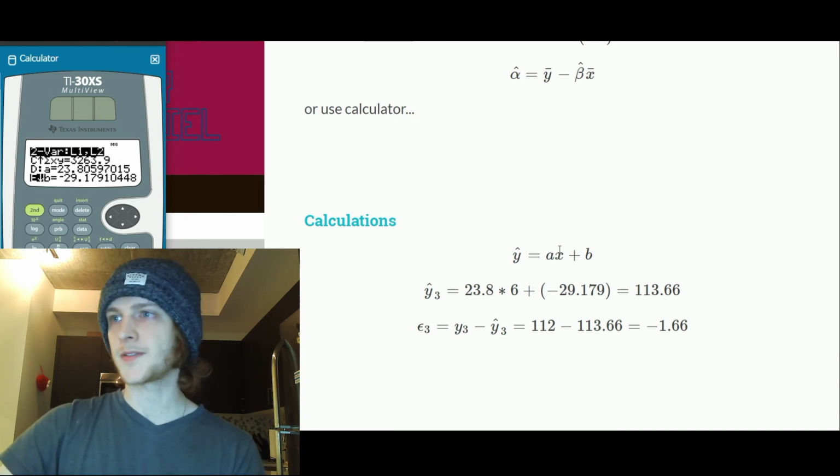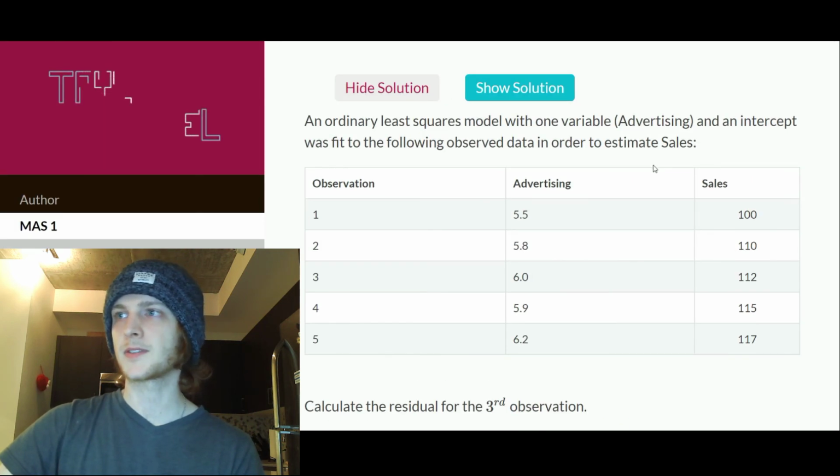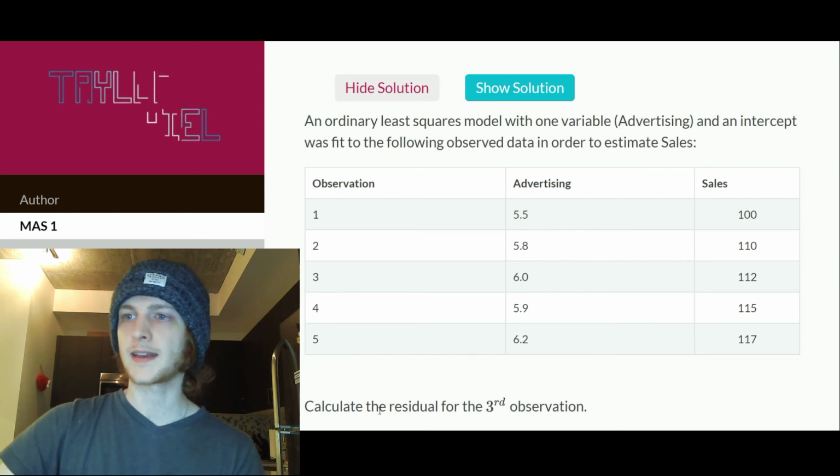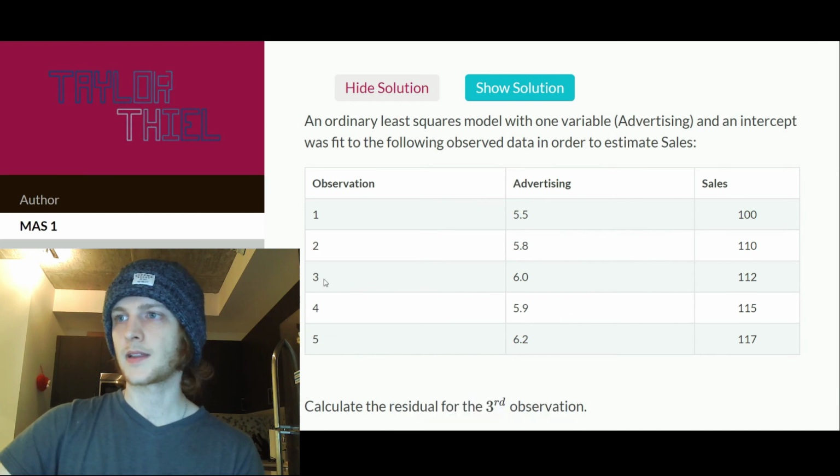With those values, we plug that in, along with the fact that we're interested in getting the residual for the third observation, where the x value is 6 and the y value is 112.